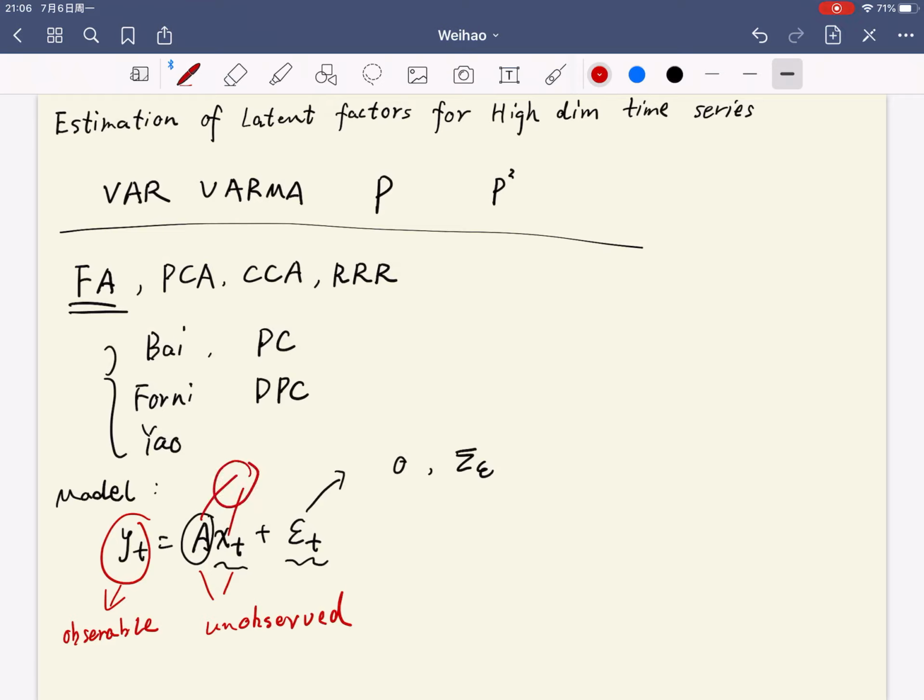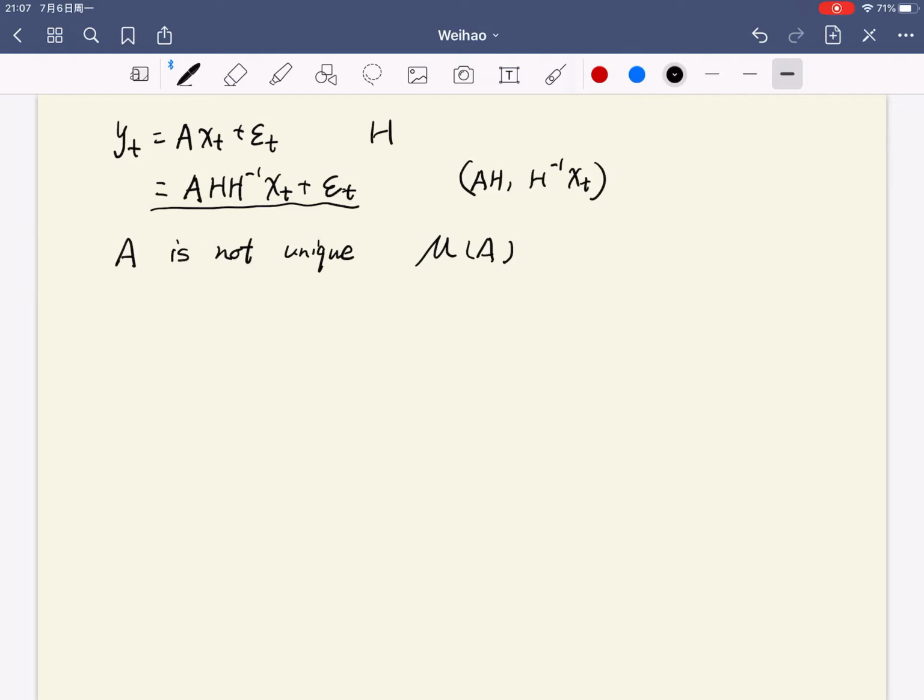Thus, A is not unique. Only the linear space of A is unique. Further, later we will see that the non-uniqueness of A is an advantage for our estimation. We can see this point later.